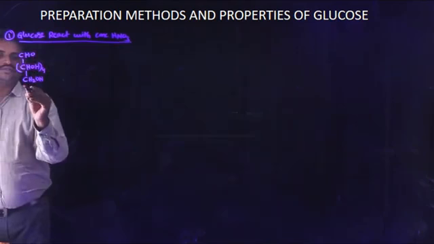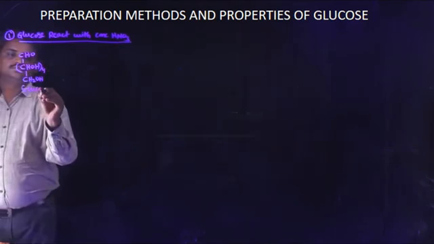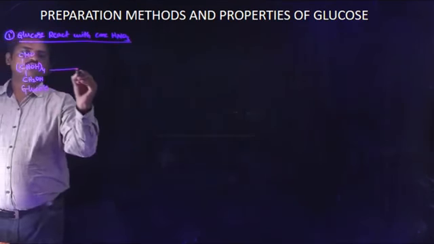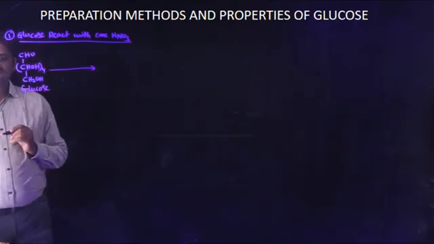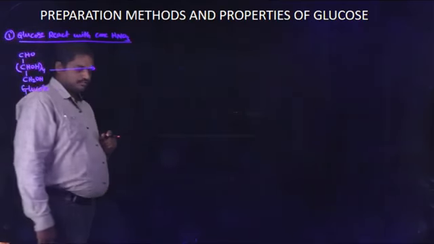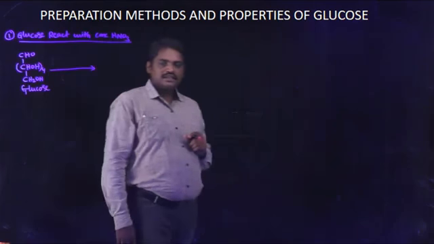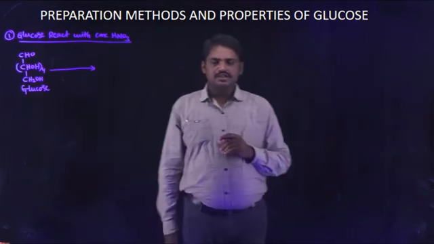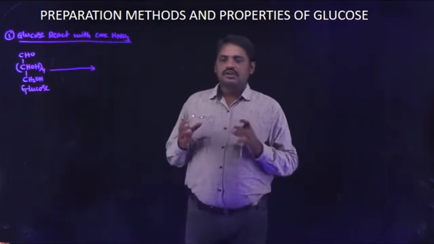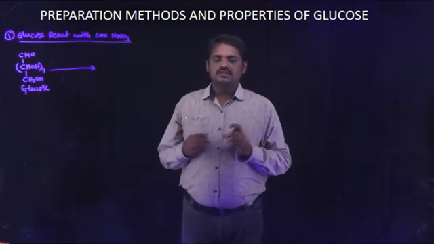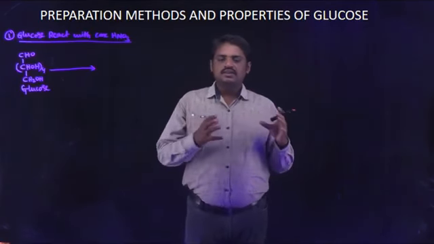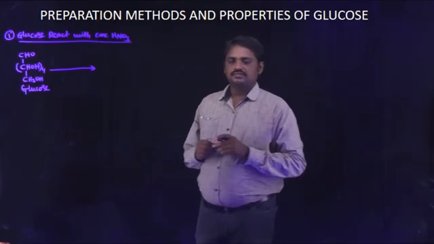Glucose reacts with bromine water. Bromine water acts as a mild oxidizing agent. Glucose reacts with bromine water and is converted to gluconic acid.